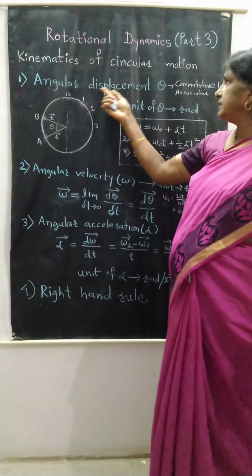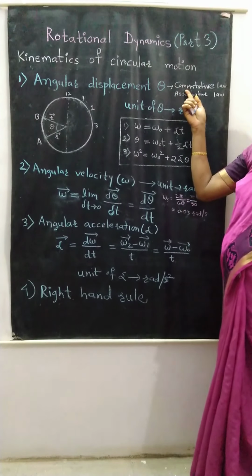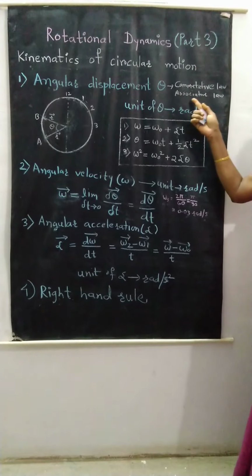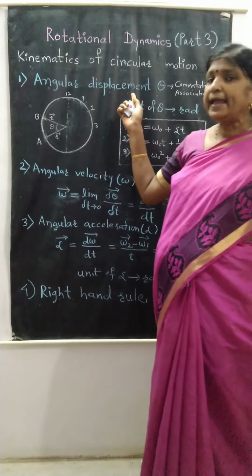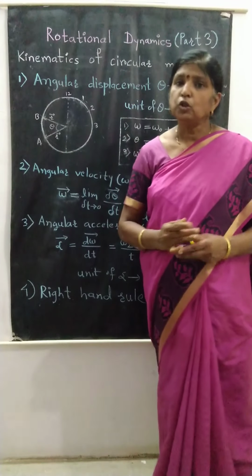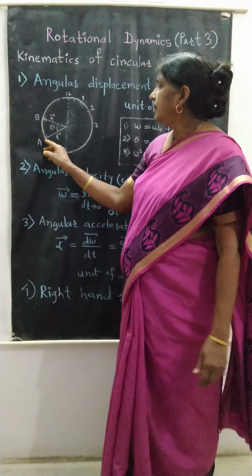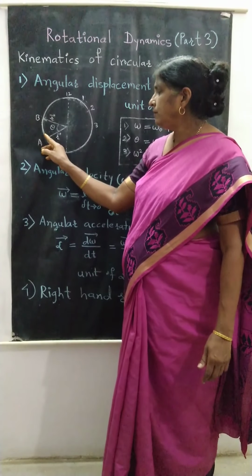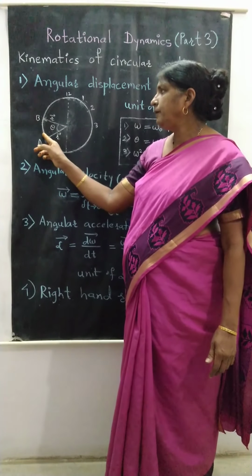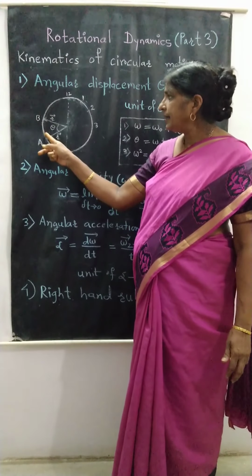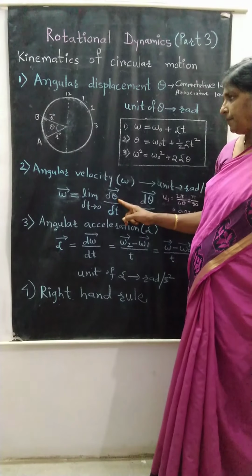If the angular displacement is finite, then it does not obey the commutative law and associative law of vector addition. Therefore, finite angular displacement is not a true vector. But if the time interval is very small, meaning delta t tends to 0, then this angular displacement will be very small, and under that situation the angular displacement is shown by delta theta.